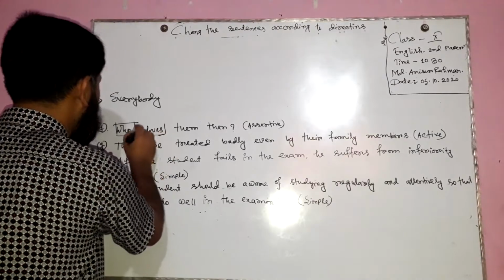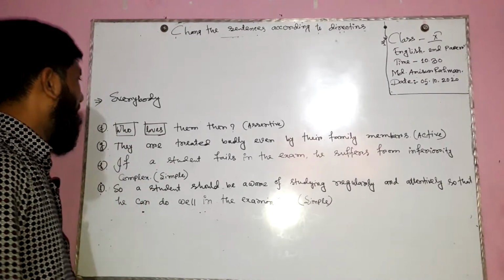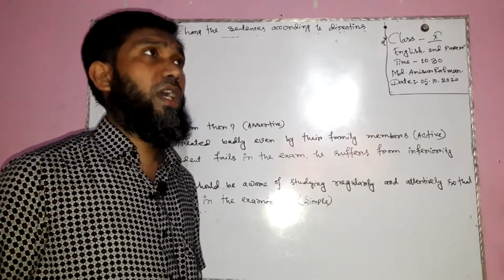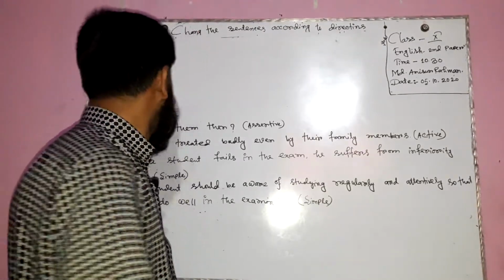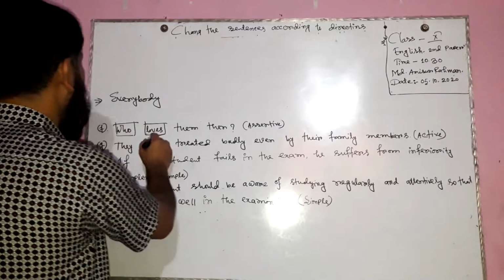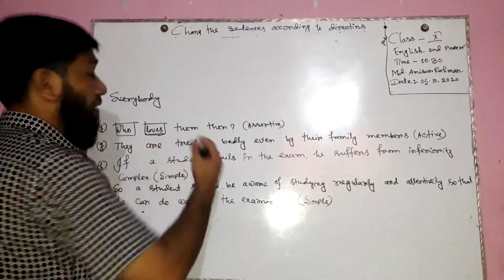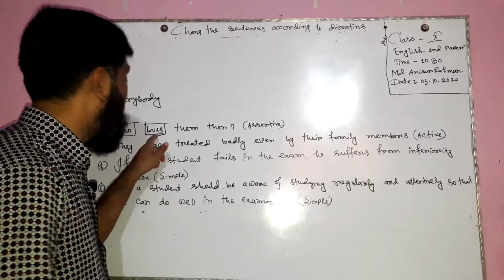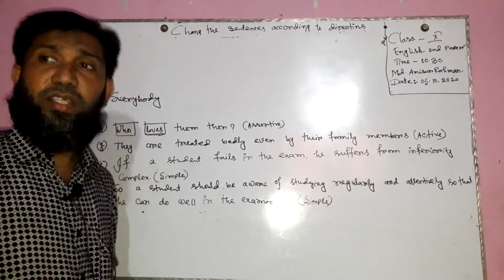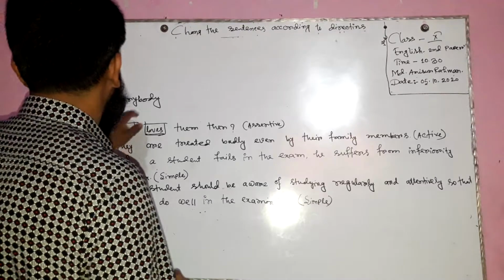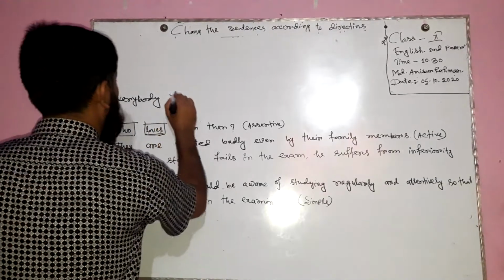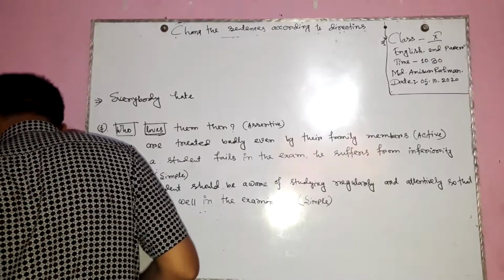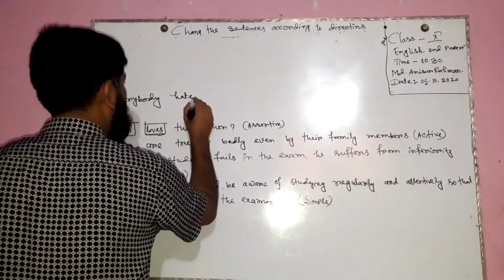Loves is an affirmative word, meaning to hold affection cordially. We will turn this love into the negative form, hate, which is the opposite of love. Everybody hates, H-A-T-E-S. Everybody hates them.